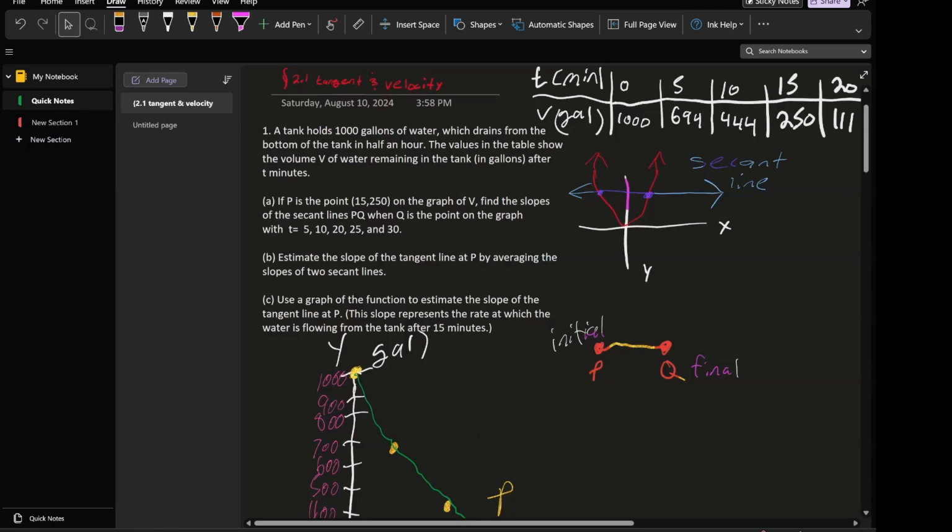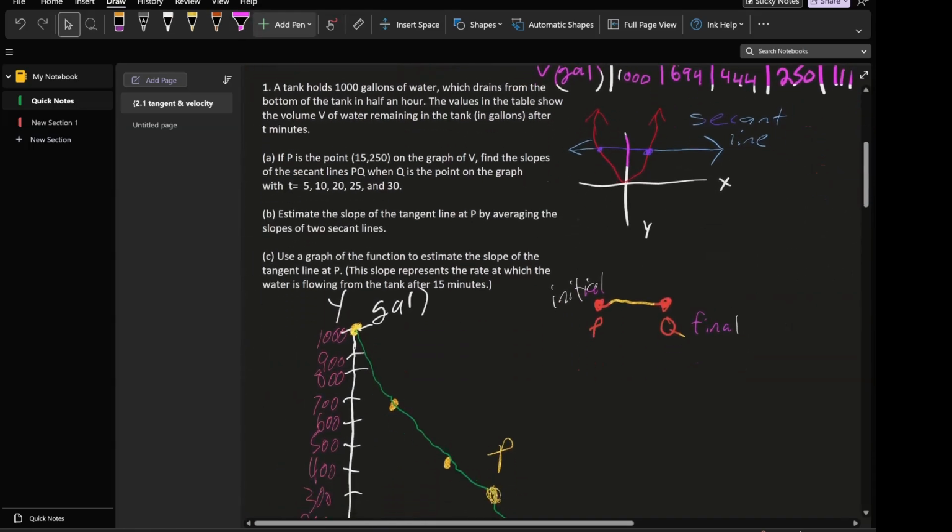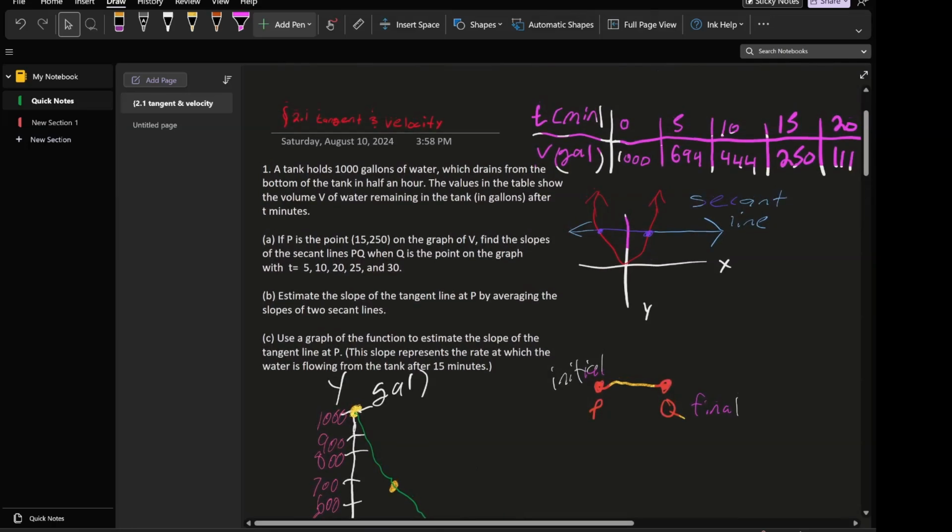And for this problem, we're given time in minutes and volume in gallons with this data set. And so it says a tank holds 1,000 gallons of water that drains from the bottom of the tank in half an hour.